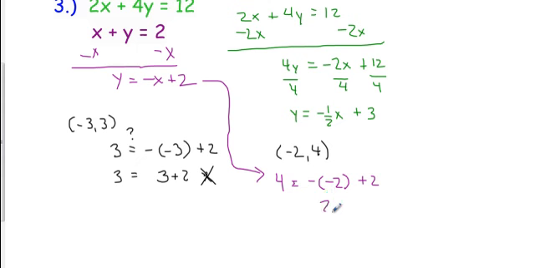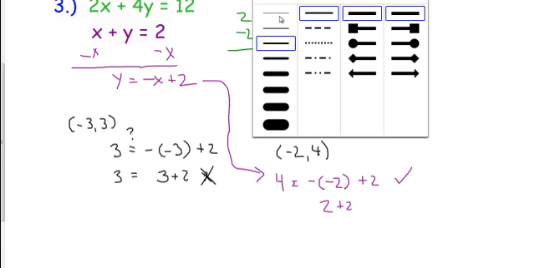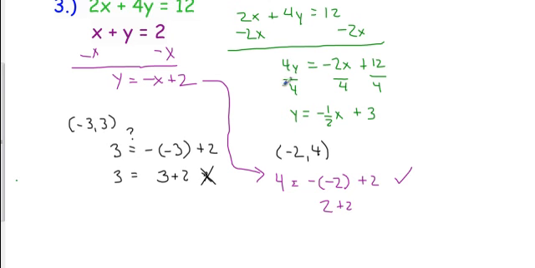So this will be 2 plus 2, and that does equal 4, so that checks out. Now I get to go to my green equation. Plug it in. So let's see. Y is 4.